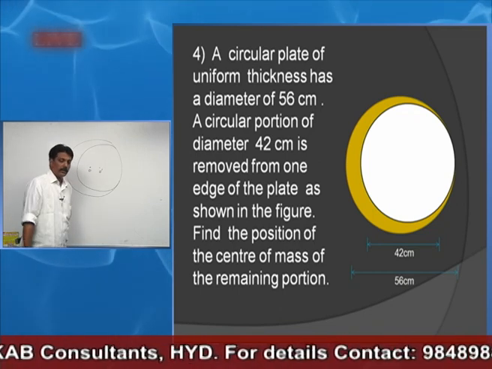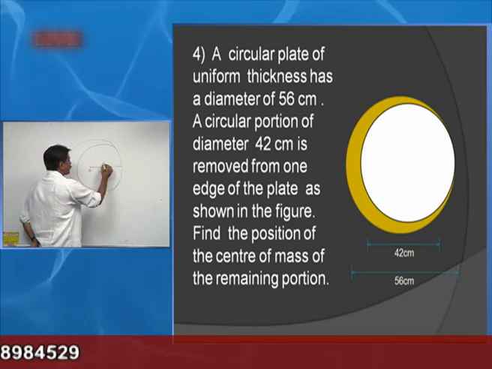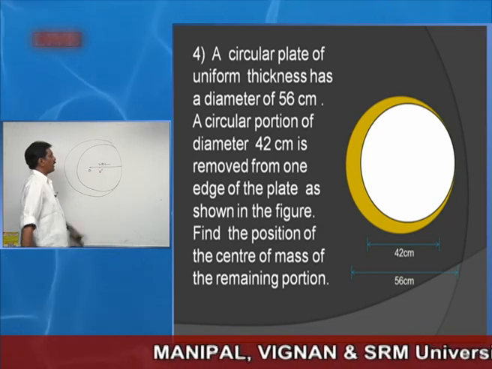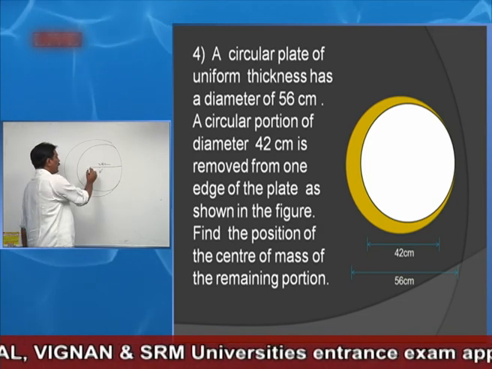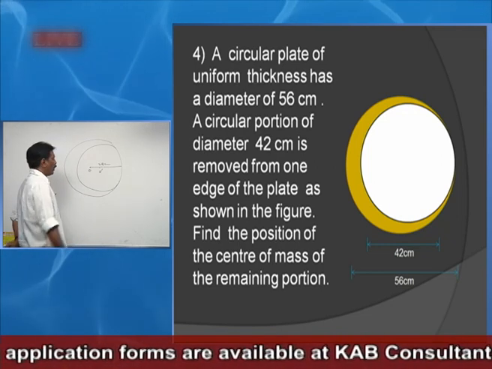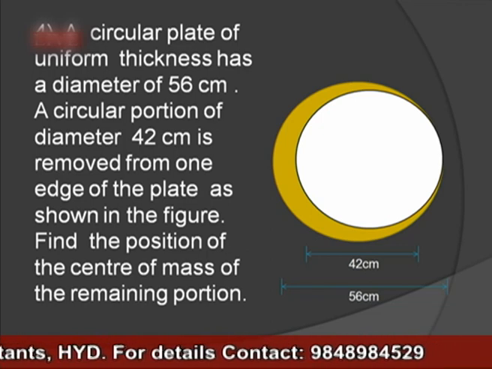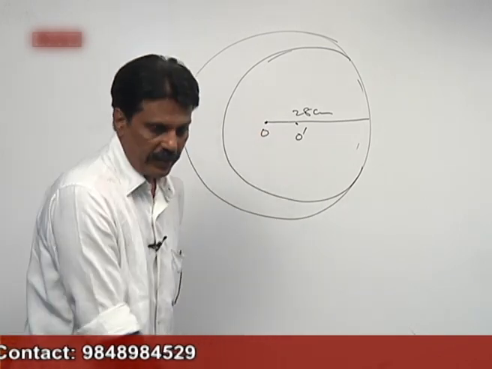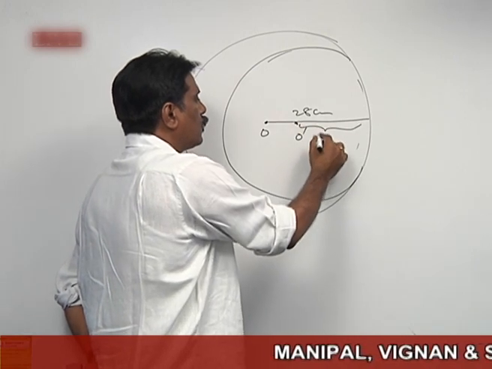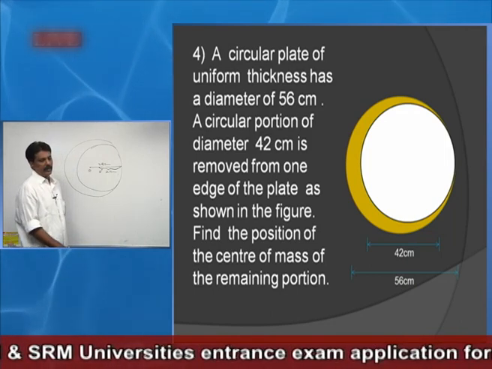We are given that the diameter of the circle is 56 centimeters. That means the radius is 28 centimeters. Now, this is the removed circular plate whose diameter is 42 centimeters, therefore its radius is 21 centimeters.